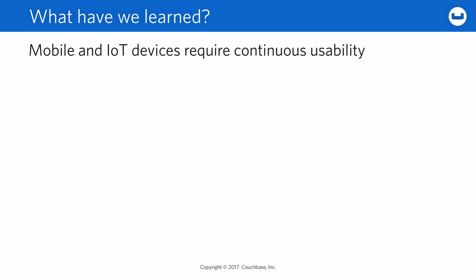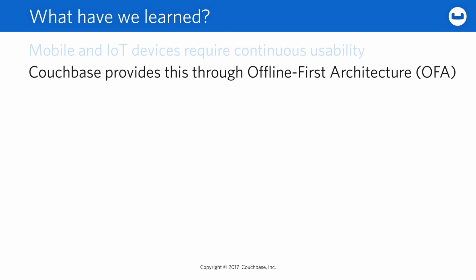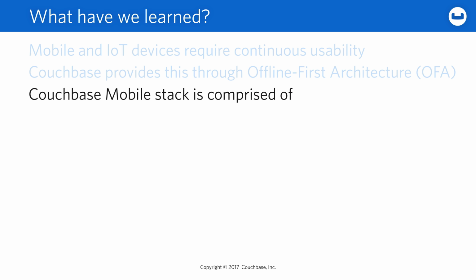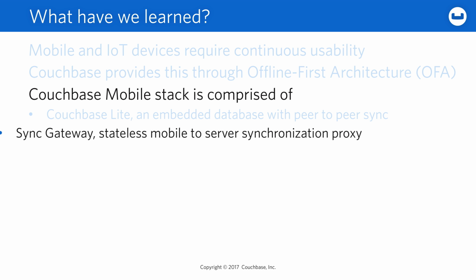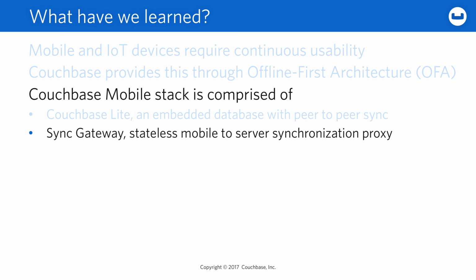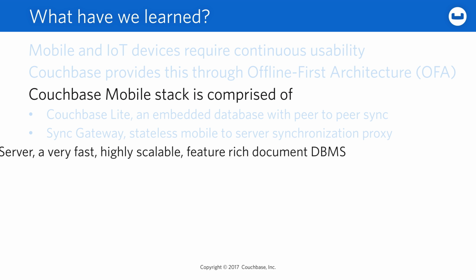So what have we learned here? Well, mobile and IoT devices require continuous usability. Couchbase provides this through an offline-first architecture. Couchbase Mobile Stack is comprised of, first, Couchbase Lite, an embedded database with peer-to-peer synchronization. Sync Gateway, which offers stateless mobile-to-server synchronization as a proxy.